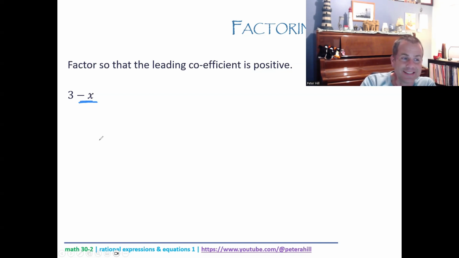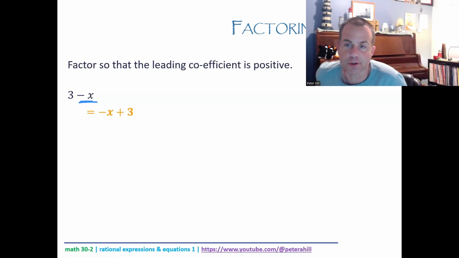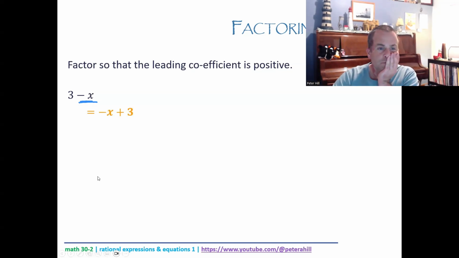So let's get it in the right order first. And then, if we want the leading coefficient to be positive, we're going to have to factor out a -1. If I factor out a -1, that switches the signs on both of these terms, and then we're good to go.